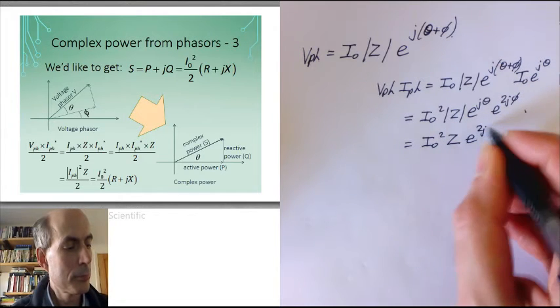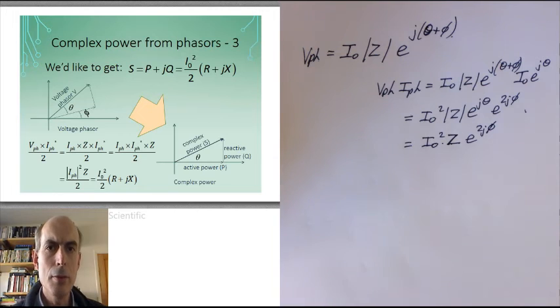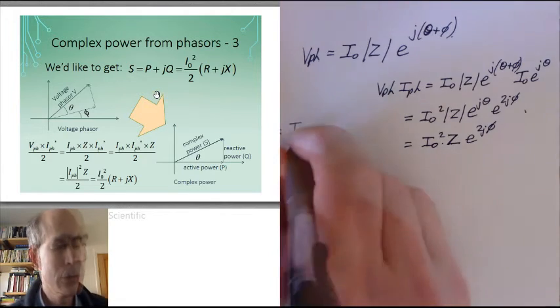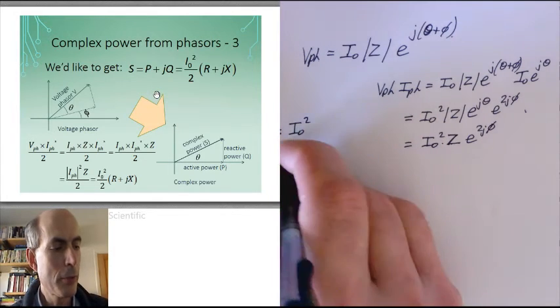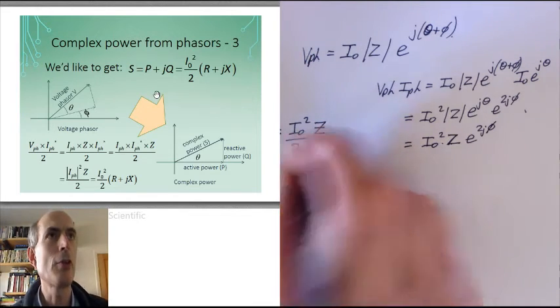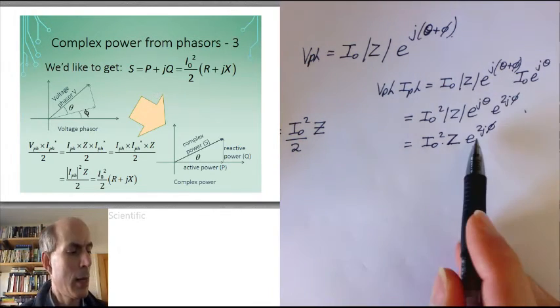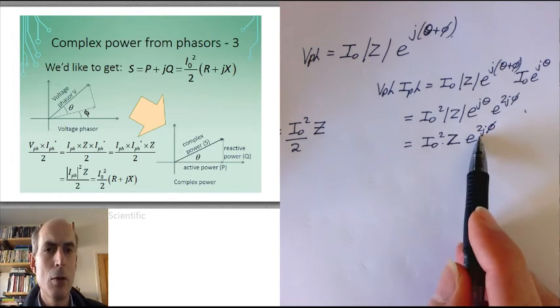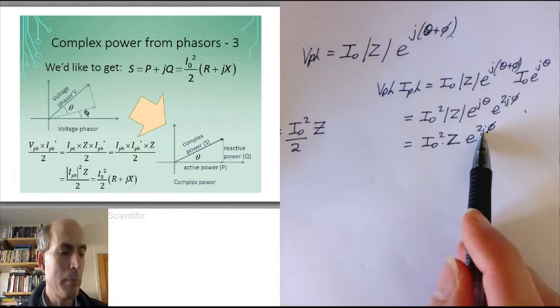That's not what I want. What I want for my complex power is the magnitude of the current squared divided by 2 times the complex impedance Z. And I've got this extra term e to the 2j theta in here, which is going to be difficult to get rid of.